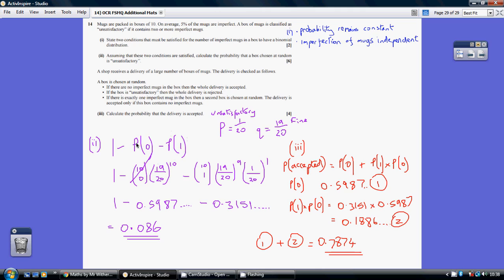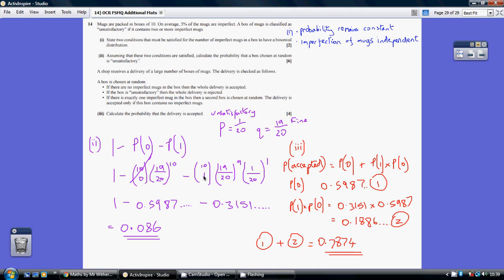So the probability of no imperfect mugs, in other words, they are all perfect, is just 19 over 20 to the power of 10. If you like, you can think of it as 10 choose 0, which is 1, times that. And the other probability I need to discount, where it is still satisfactory, is the probability of 1 imperfect mug.